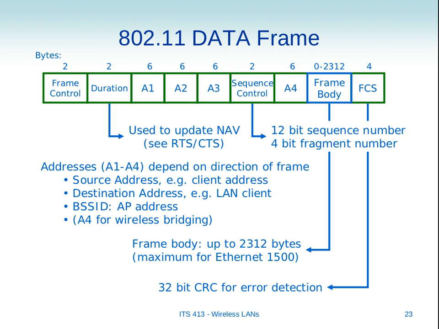Address 4 is used for bridging. What's bridging, or wireless bridging? What do you think wireless bridging is? Wireless bridging is when we connect two wireless access points together.